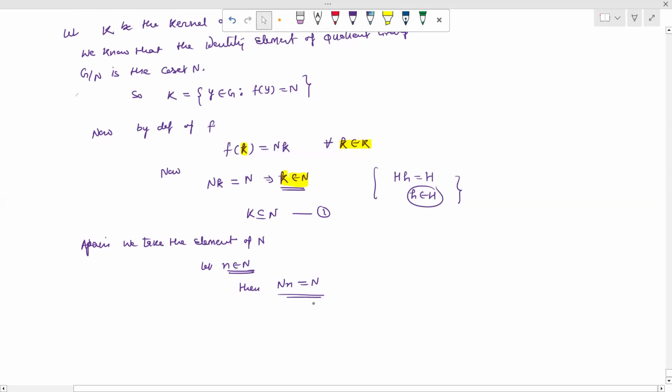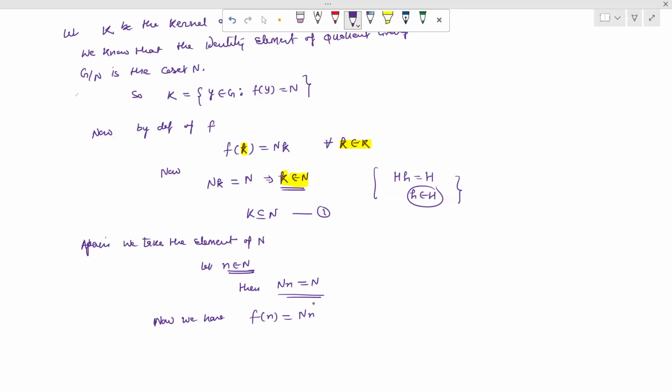So now by definition, we have the function f of n. This f of n can be written as nN.